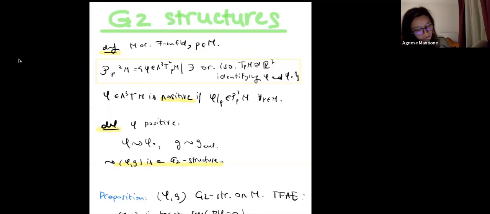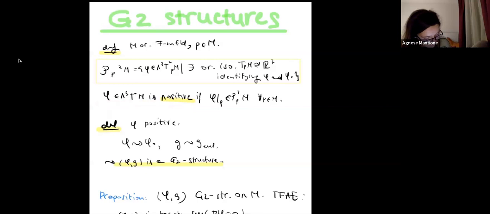we can also define a G2 structure, not just as the reduction of the structure group of the frame bundle, so not only as a principal bundle, but also more geometrically as a tuple of a 3 form and a metric. And this 3 form is what is called a positive 3 form.